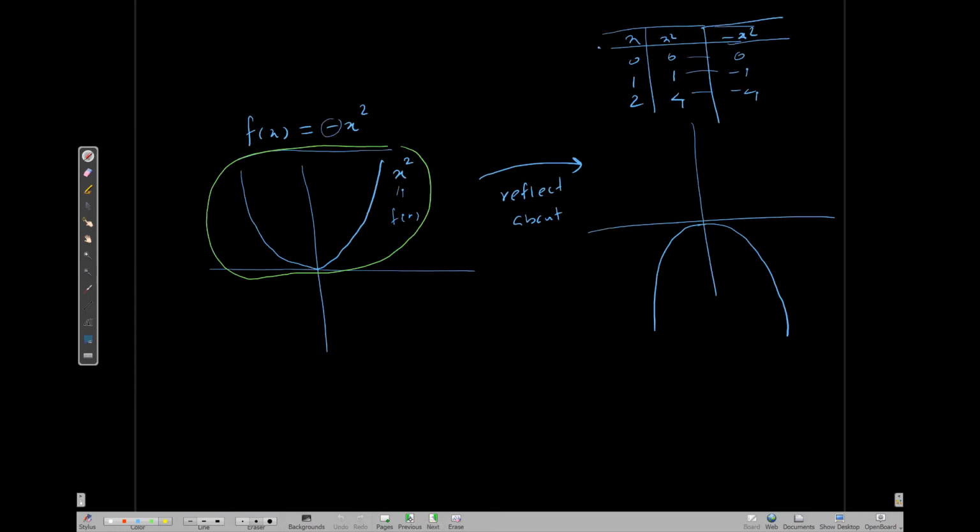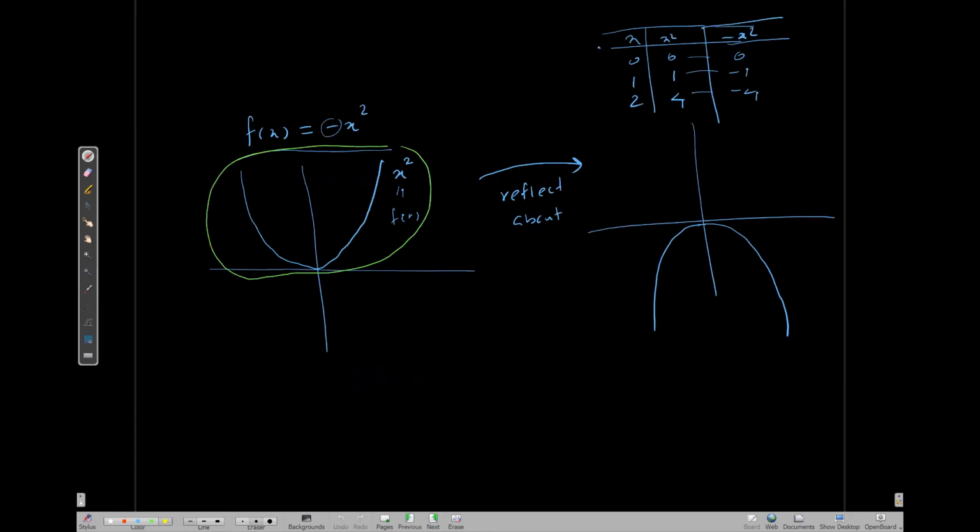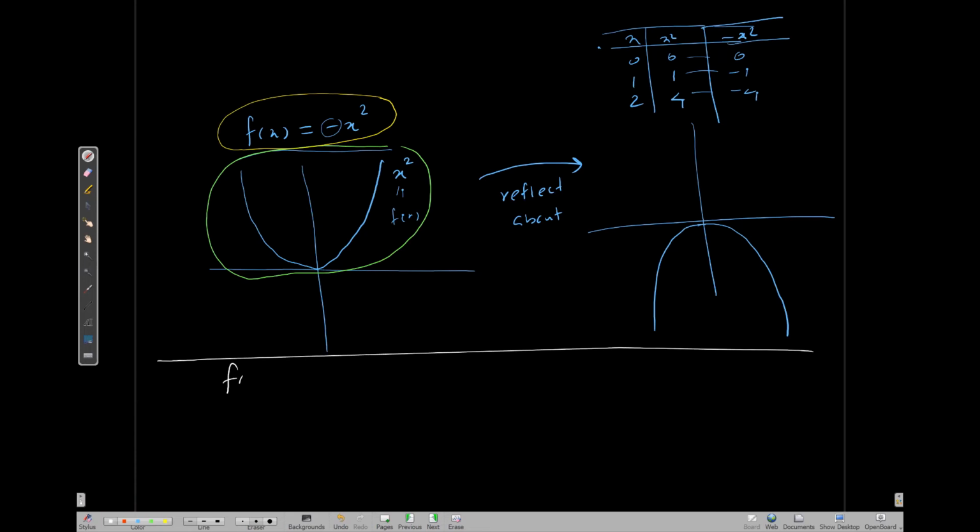Now let me go back to the previous example for a while. Let's say the base function f of x is x squared.